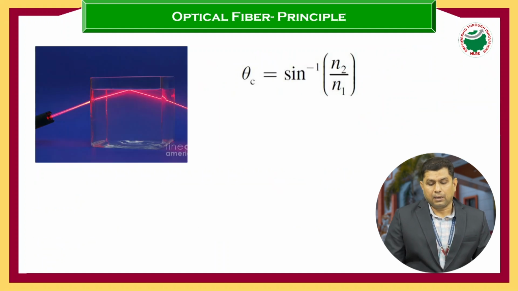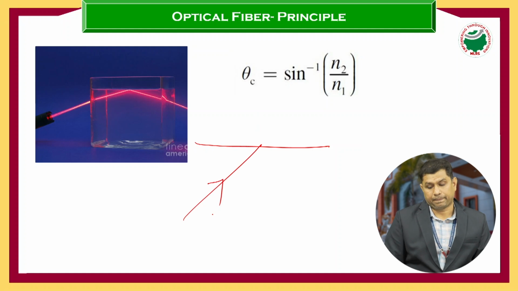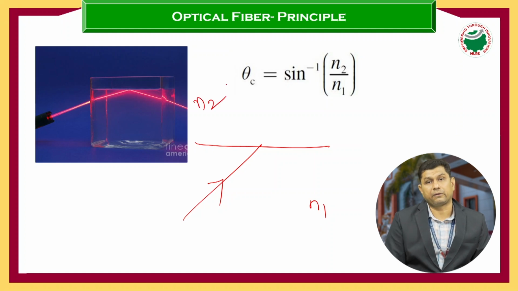This is the principle of the optical fiber. Here, this is the incident ray, and this is called medium 1 of refractive index n1. This is called medium 2 of refractive index n2, and this is called the normal.